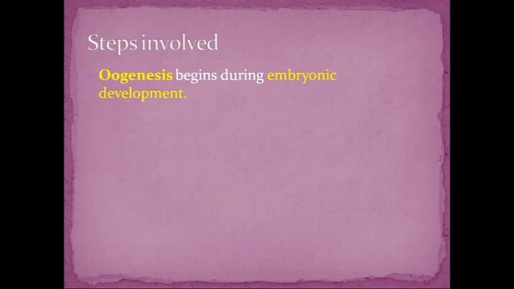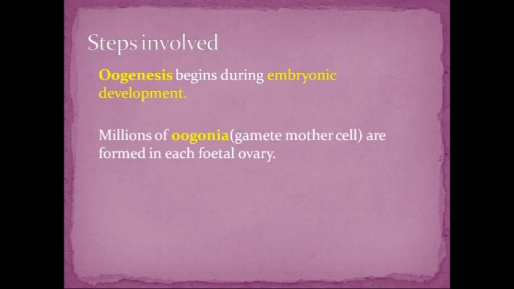Whereas oogenesis begins during embryonic development. Embryonic development means when a female baby is being formed inside the mother's womb, at that time itself oogenesis begins. Clear?